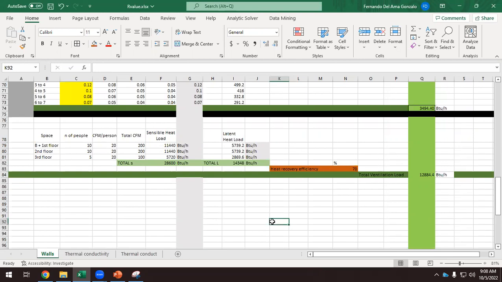Okay, so basically, everything related to walls, roofs, windows, doors, basement, this is architecture. The ventilation load is the equipment. Okay, so here, that depends on the equipment. But all this depends on the architectural project.